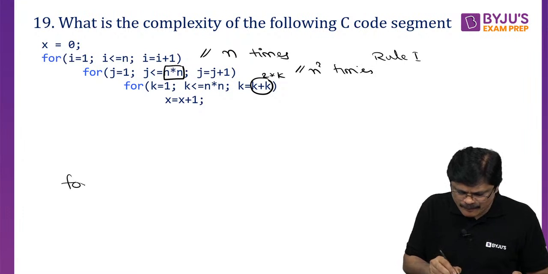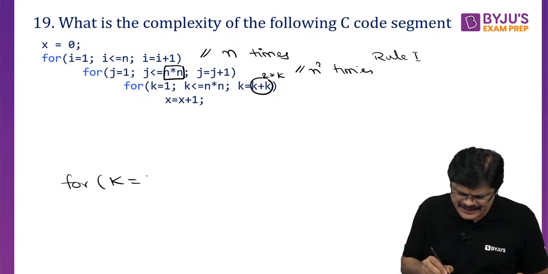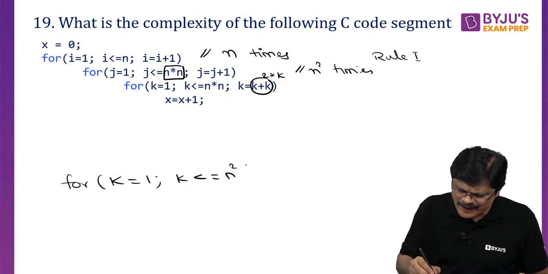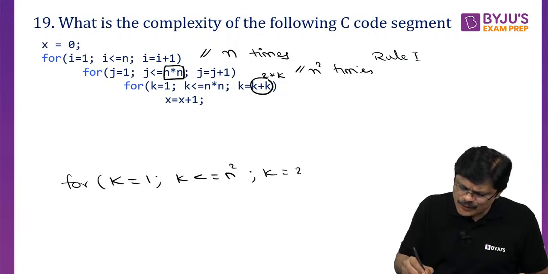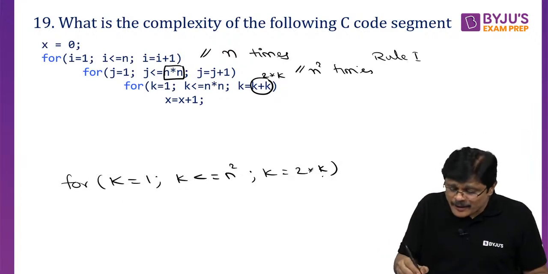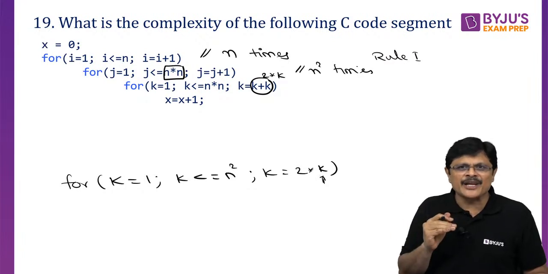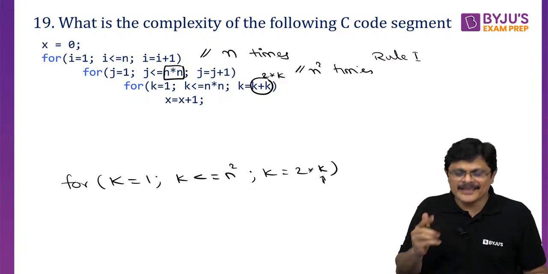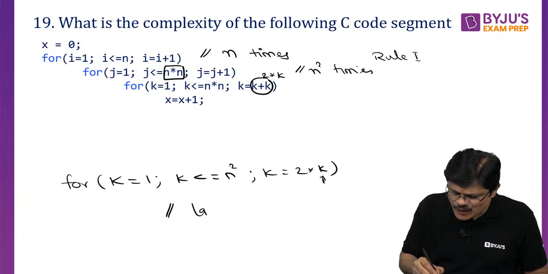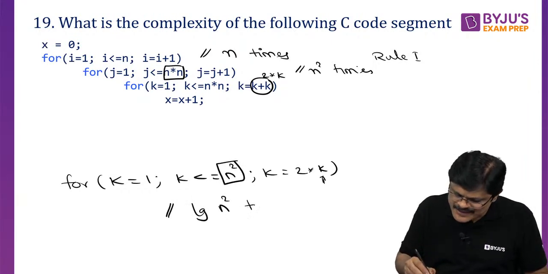The interesting part is the third one. See, the third for loop, the innermost loop, I am writing separately. Please see this carefully. K is equal to 1, K less than or equal to n into n, meaning n square, K is equal to 2 into k. Whenever you are multiplying the k value by 2 or some constant, it will iterate log of this number, log of n square times.